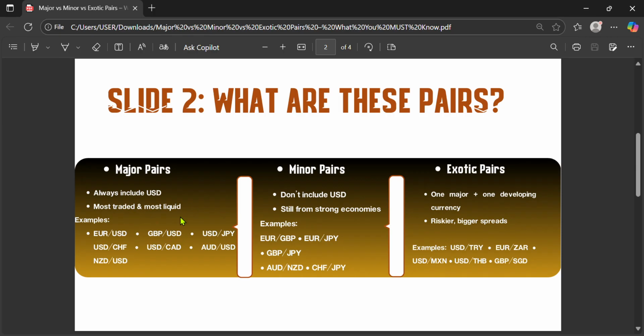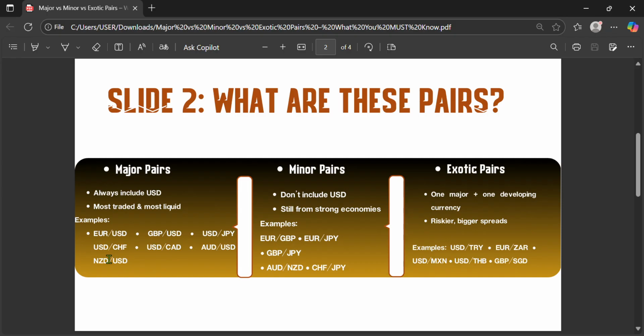So you should not confuse this with the exotic pairs, because exotic pairs as well have the US dollar. But with the major pairs, these currencies are big in the industry. They are not emerging markets. They are not countries where you need to struggle to know the type of currency they are spending.